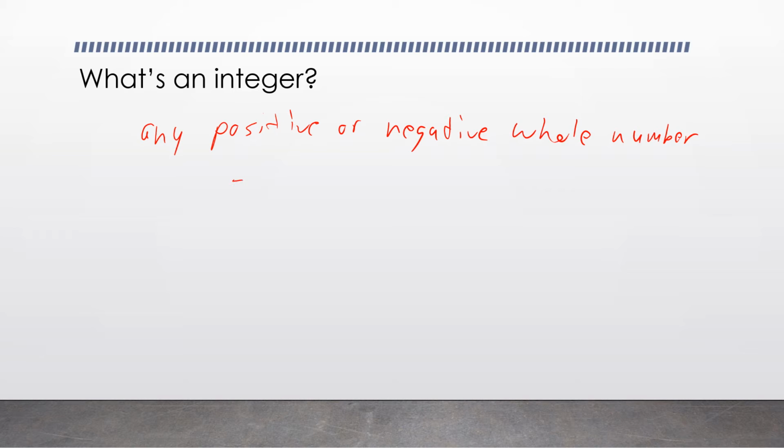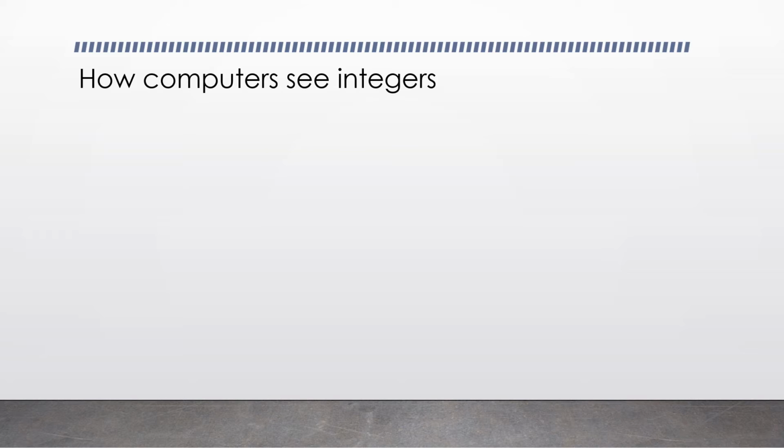So, negative 32, positive 64, negative 101, 32,759. All of these are integers because they are whole numbers. They don't have a decimal point. They don't have any fractional component. On a computer, integers are the easiest thing to visualize.